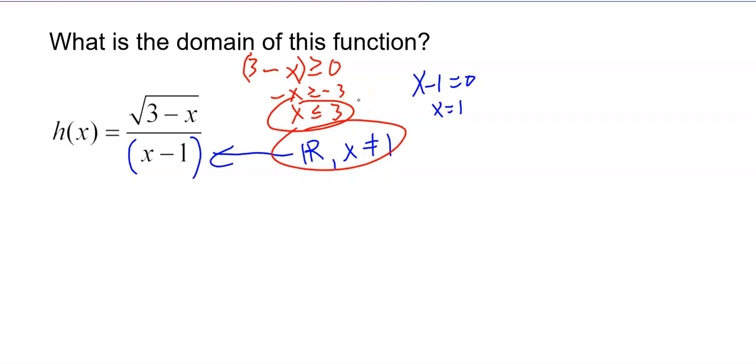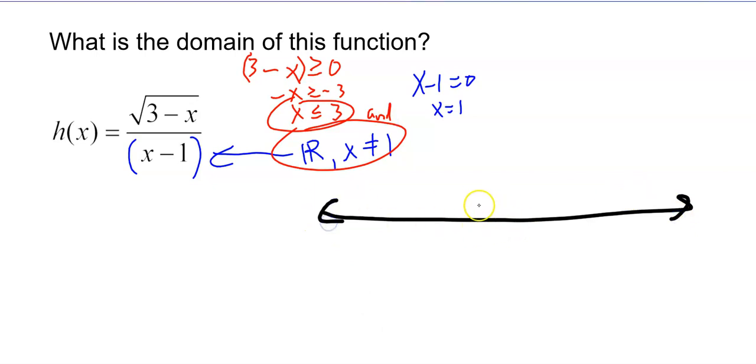To be part of that function, I need both the numerator and the denominator to match. So basically it's like an "and" between these two. If you look at the number line, if this is 1 and this is 3, the red graph will be less than or equal to 3, so closed circle, arrow that way.